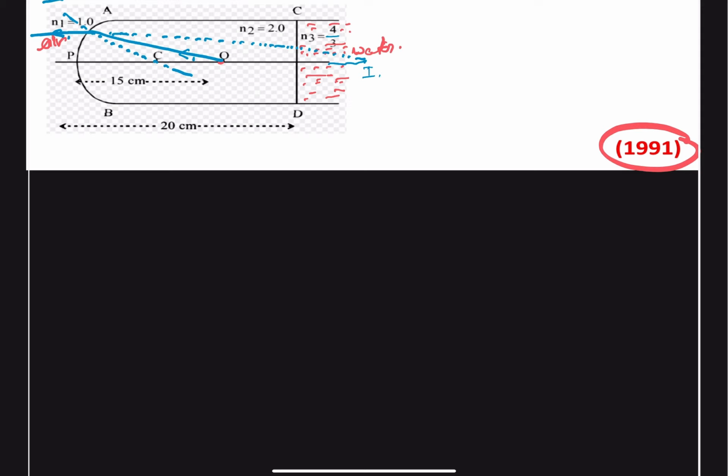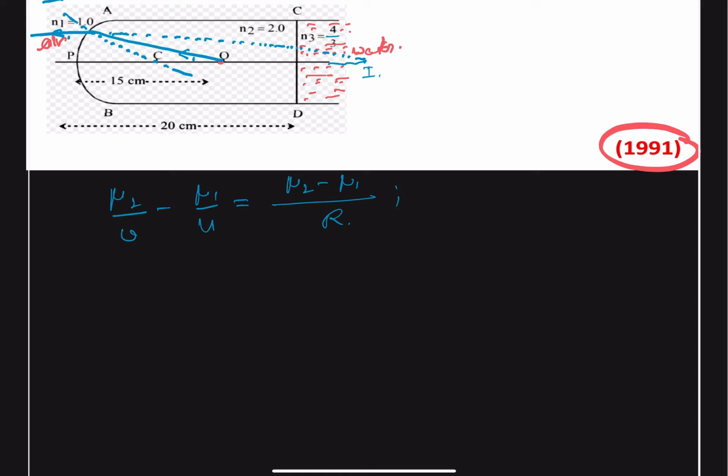We can use the basic formula, that is mu2 upon V minus mu1 upon U is equal to mu2 minus mu1 divided by R, where mu1 is the refractive index where the object is located, mu2 where the image is formed, U and V are the distances of object and image, and R is the radius of curvature.